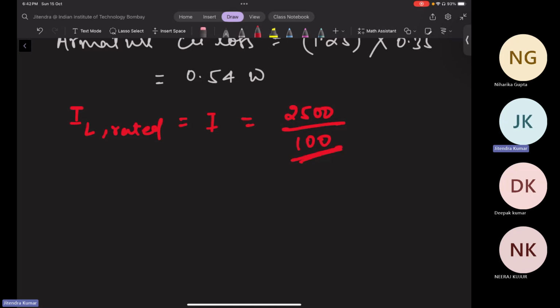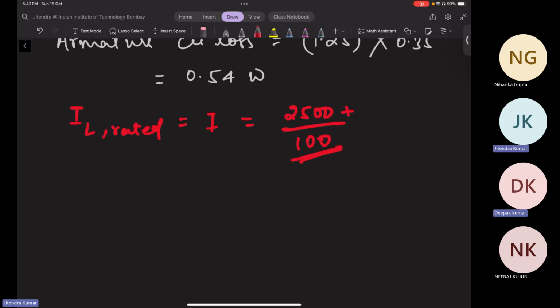But I don't think it is fine, because 2500 is the output power, not input power. This line current corresponds to the input power, so we have to add the losses here. Sir, I think we can do that.